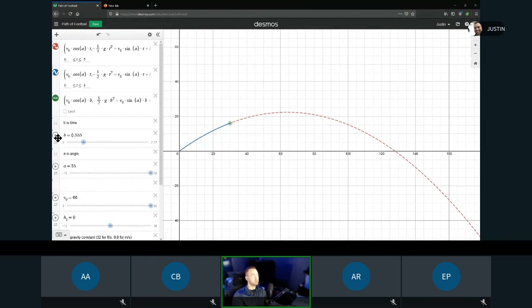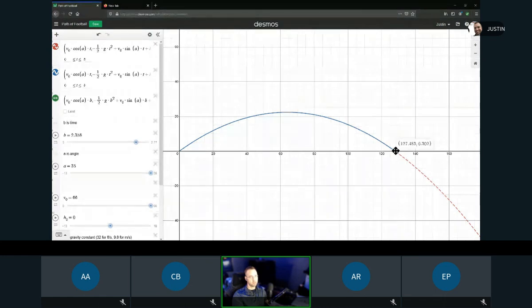I hit play. Ooh, we love animations. There's the football. Look at that. The path of the football represented in Desmos. How cool is that? And I can actually stop this, so I can move this point like here. I click my point, it tells me roughly where it's at. It's kind of neat.